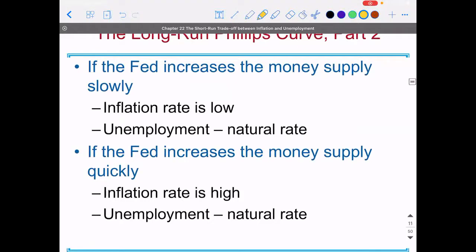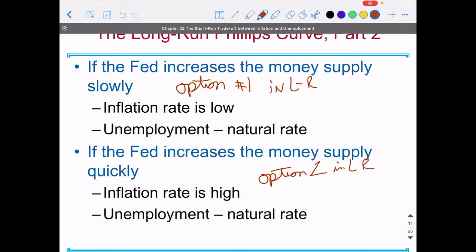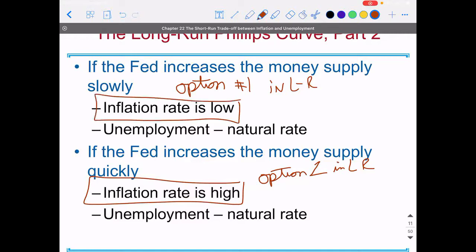And you see that here. Option 1 in the long run. Option 2 in the long run is either high inflation or low inflation.